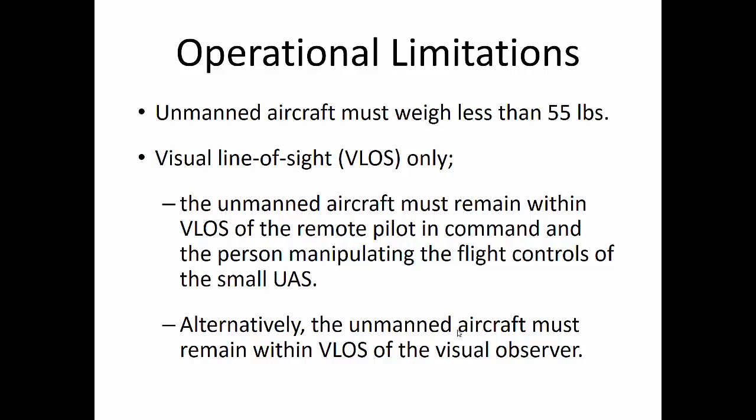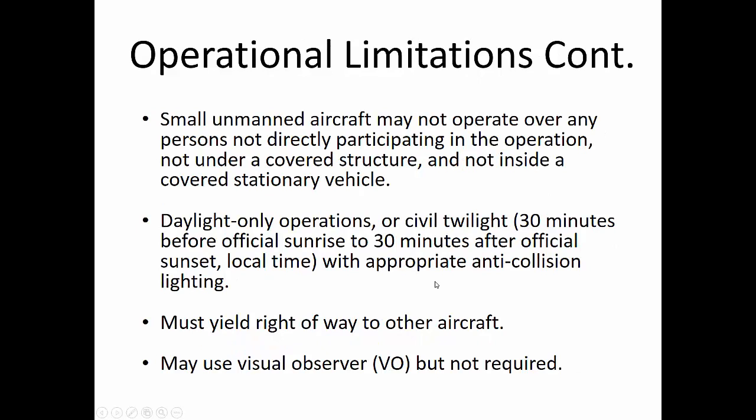Alternatively, the unmanned aircraft must remain within visual line of sight of a visual observer. So you can use more than just a pilot to keep that visual line of sight, but it's with your own eyesight. You can't use binoculars or any other kind of aid beyond just eyeglasses.